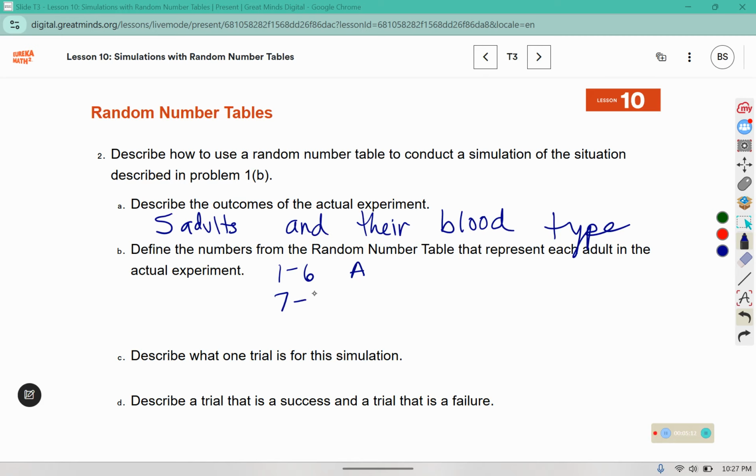Then 7 to 13, 7, 8, 9, 10, 11, 12, 13 would represent O, because that's 7 numbers for 7%. And then you would have 14 through 99, including 00, would be all other blood types.